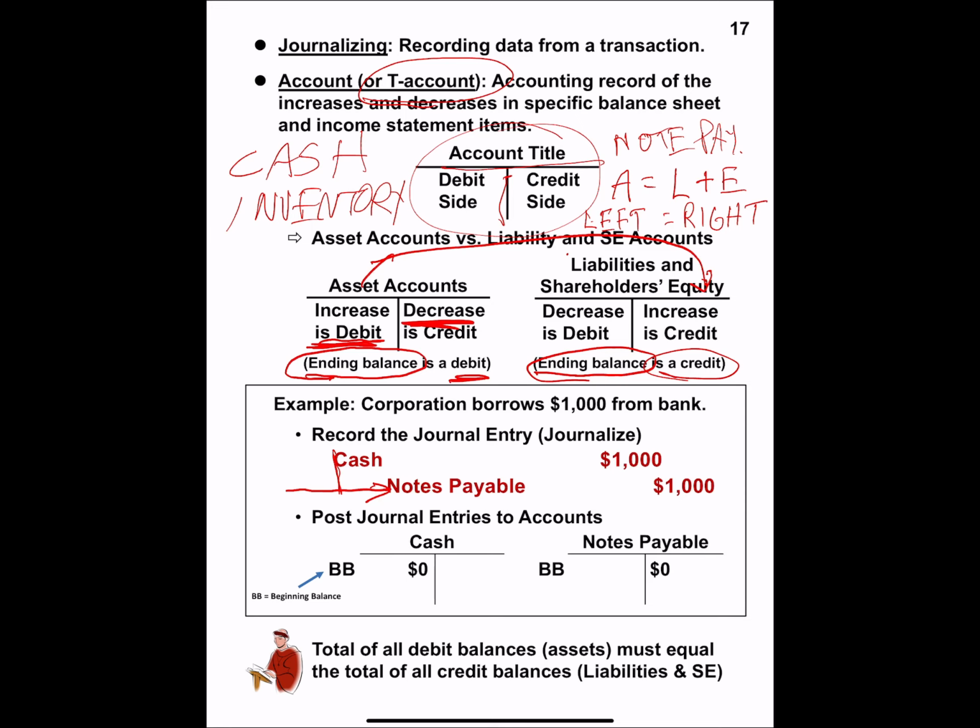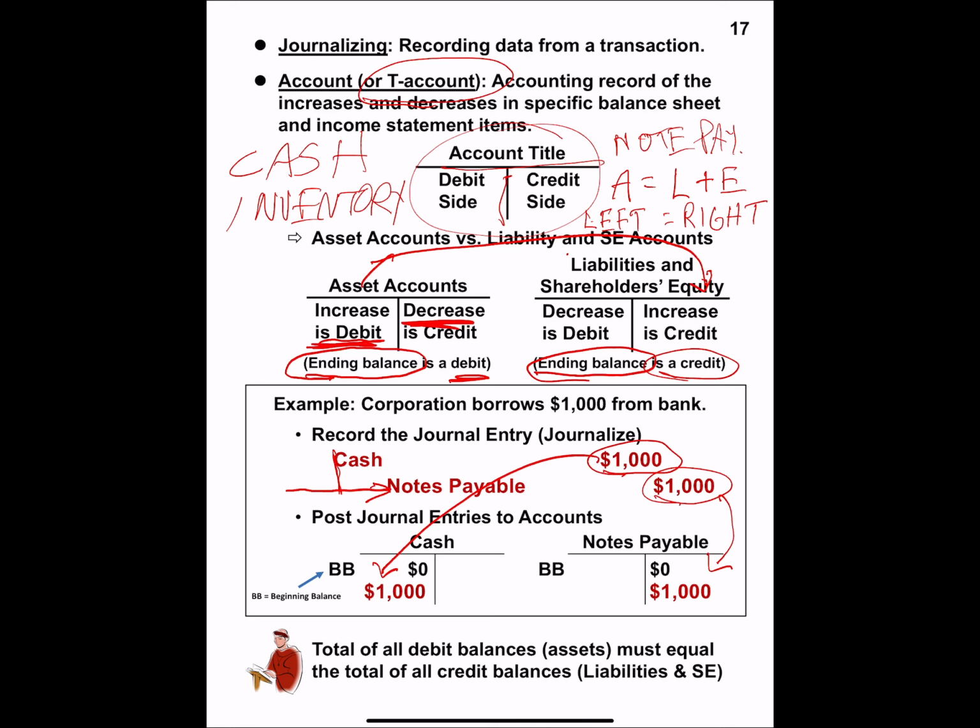And then in here, we simply transfer from the journal entry to these accounts. So again, from the journal entry, we had this debit to cash of $1,000. That's what's going on here. So we're posting from the journal entry to the account. The note payable was a credit entry. We'll see down here that we would credit the note payable account.